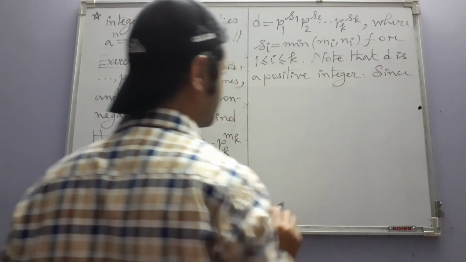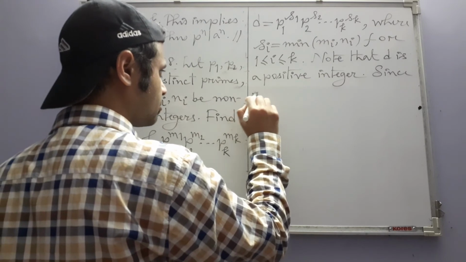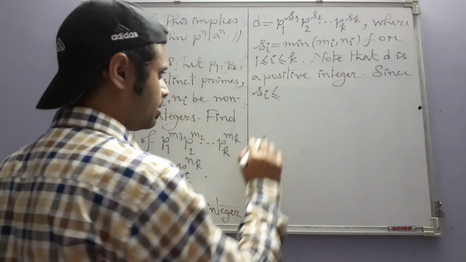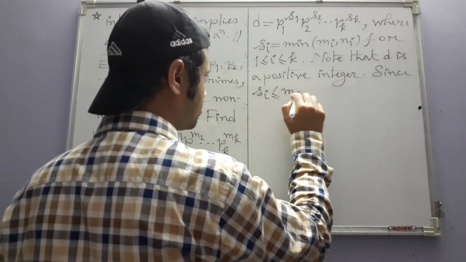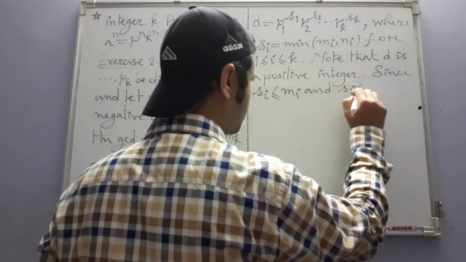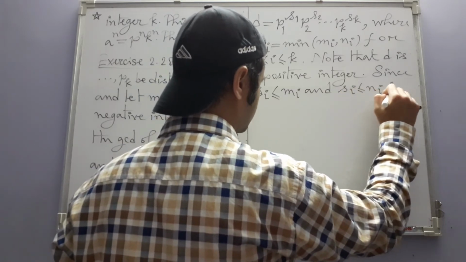Note that si, being the minimum of mi and ni, is less than or equal to both mi and ni.